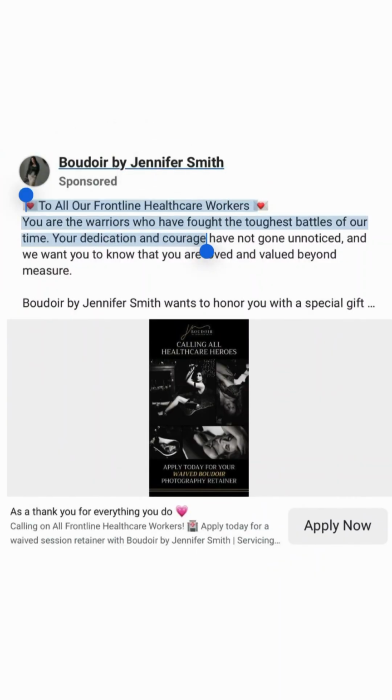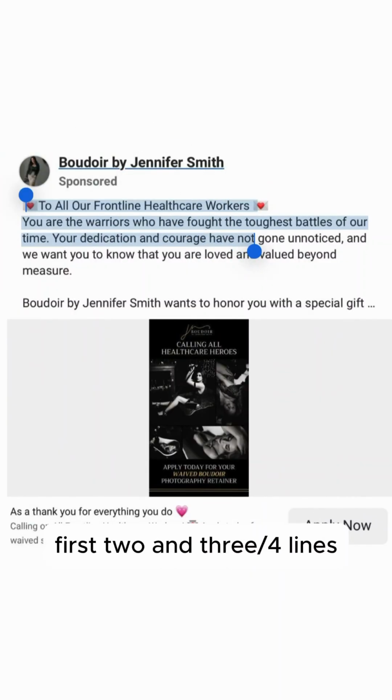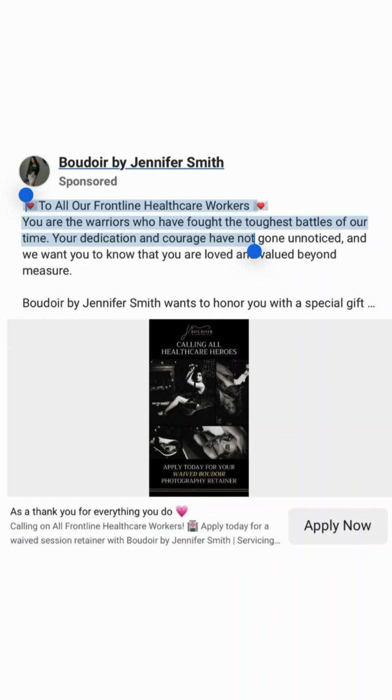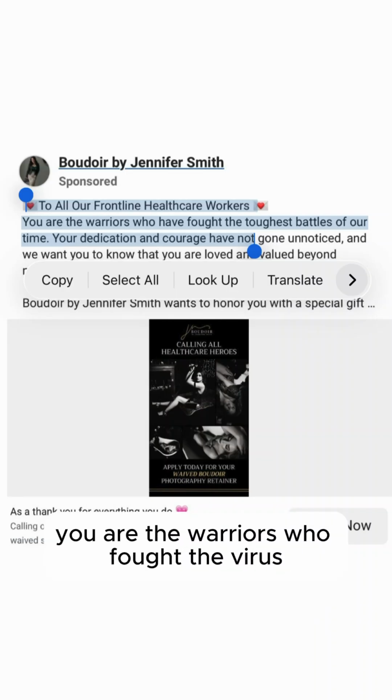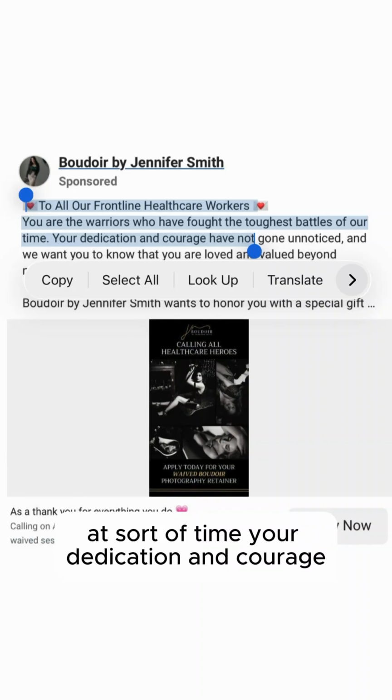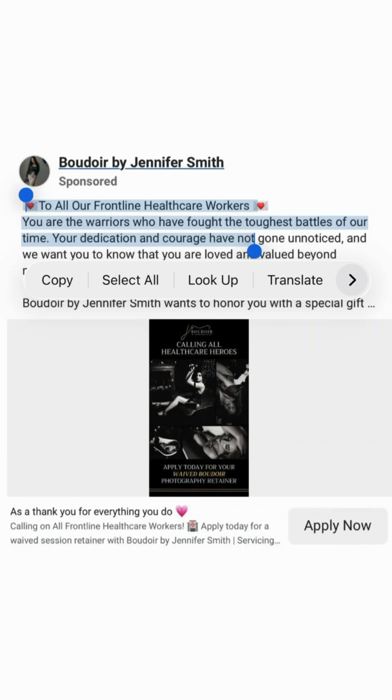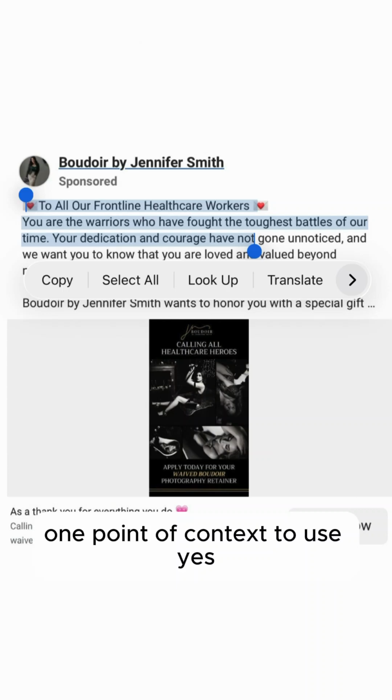Finally, look at the see more headline, first 2 3/4 lines. Facebook newsfeed mobile. To all our frontline healthcare workers, you are the warriors who have fought the toughest battles of our time. Your dedication and courage. All right, so yeah, we only got one point of context here.